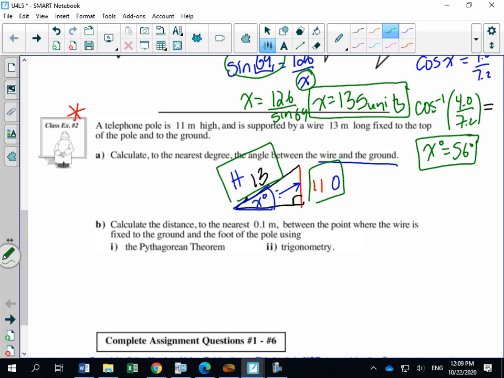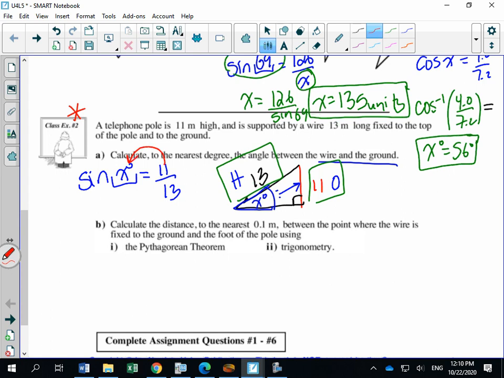And what we're going to do for number 2 is, actually A says we're going to calculate that using trig. What ratio do you guys want me to use between sine, cosine, or tangent? Sine. Yeah. So the sine of my given angle, which is angle X, is equal to O over H, which is 11 over 13.